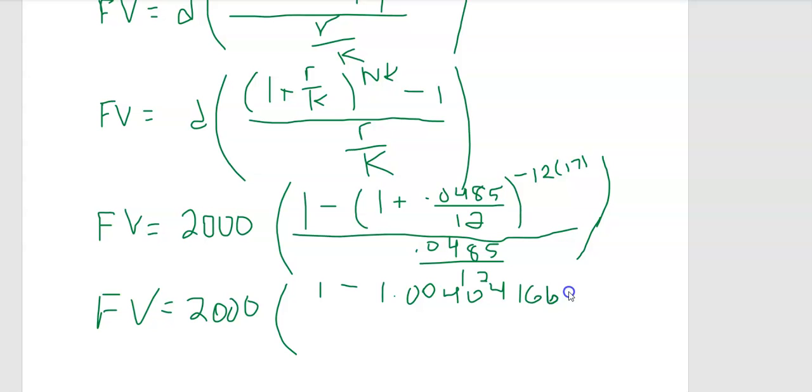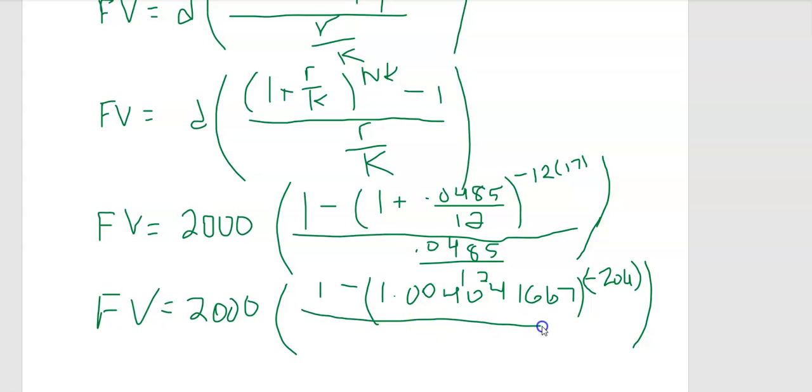And we don't want to shortcut these. We need to write our decimals out. And then negative 12 times 17, I'll go ahead and do that exponent. It's negative 204. Now, when we actually raise this to this exponent, we want to be sure to put that in parentheses as we raise it to that exponent here in a minute in our calculator, because otherwise we will get an error.